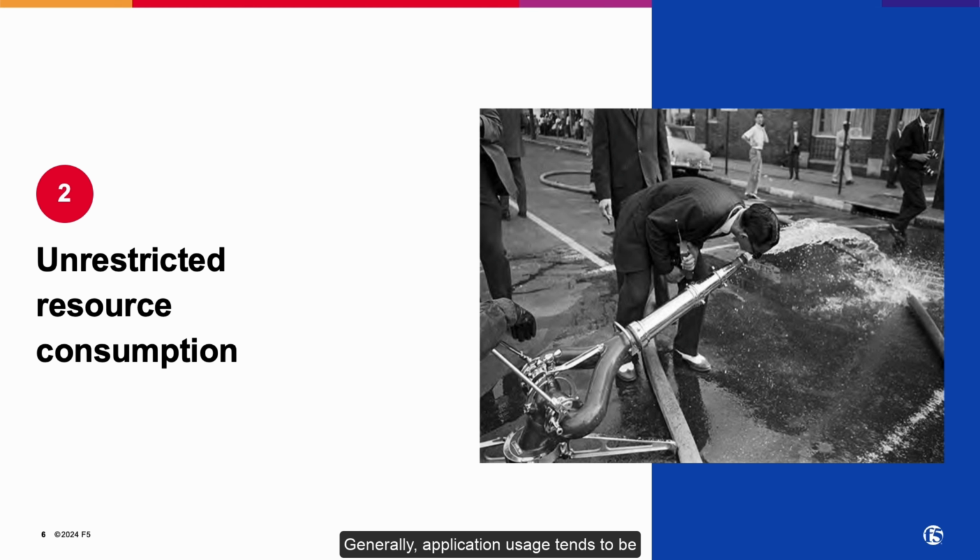Generally, application usage tends to be predictable and resources can be allocated accordingly. But with bots, usage can spike suddenly without warning, exhausting the resources used to serve the API. So in this case, it's really bots that make the lack of controls on resources a serious threat.